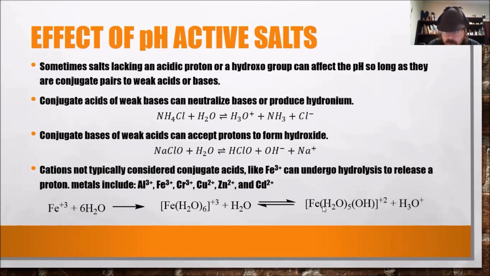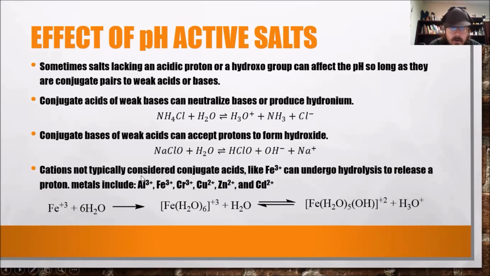So this hexaaqua can form a pentaaqua hydroxo complex. So some of these metals can act as acids. And thus, when you mix iron chloride into solution, you suddenly have a slightly acidic solution. If I mix aluminum chloride and it dissolves, you'd have a slightly acidic solution for the same reason.